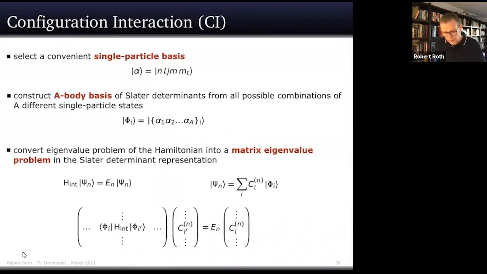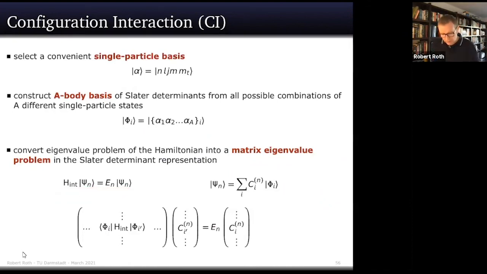You construct a basis of your antisymmetric A-body Hilbert space from that via Slater determinants for all possible combinations of these single particle states. And this will give you a basis in A-body space. And you use this basis to convert your abstract eigenvalue problem of the Hamiltonian into a basis representation.